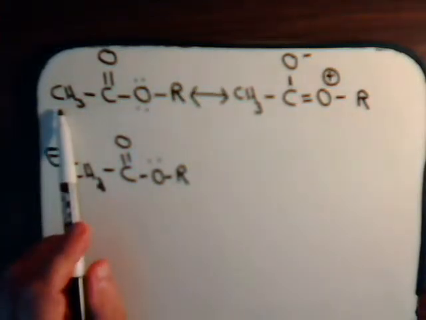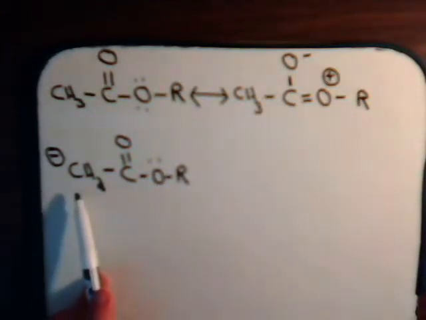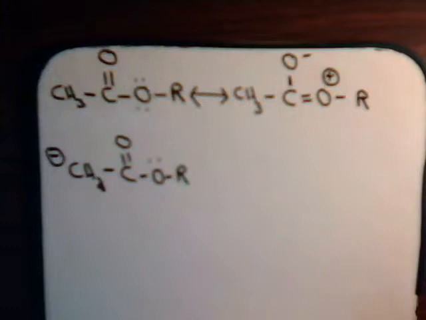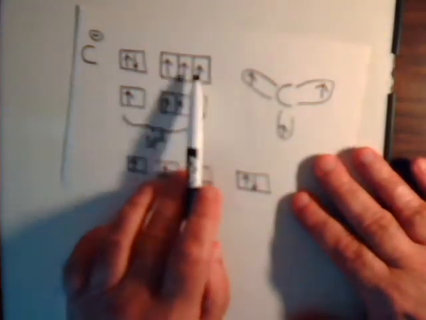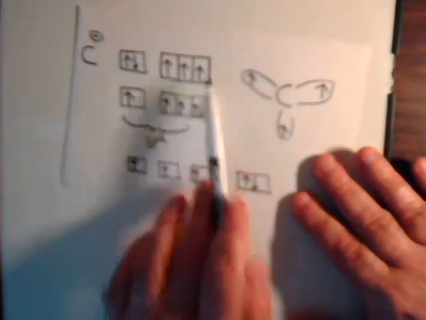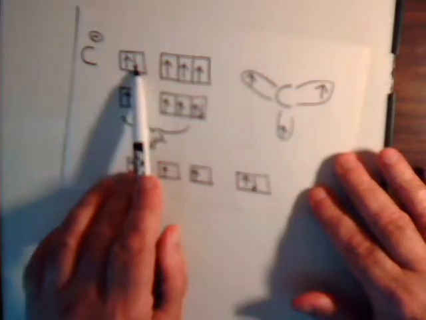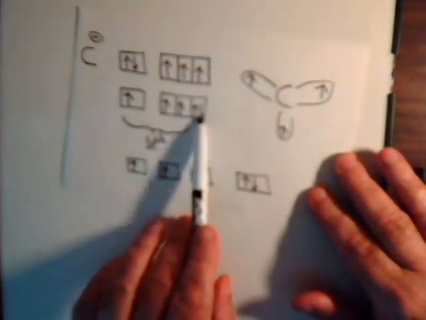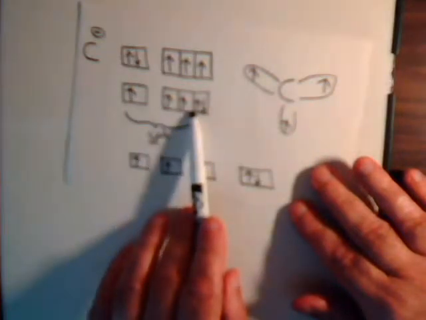This carbon is sp3 hybridized. The one with the negative charge is sp2 hybridized. And that negatively charged carbon is called a carbanion. It has an orbital molecular diagram like nitrogen now. It has an extra electron. And what can happen is the electron from the s orbital can be promoted to a p orbital. Then it becomes sp2 hybridized.